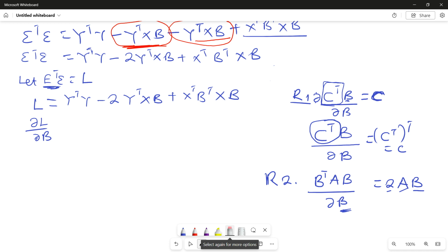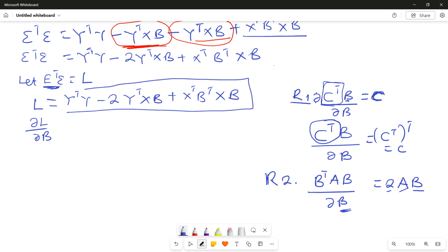So we're just going to use these two rules. Now let's check our function, if we can apply these two. First things first, remember with partial derivatives we differentiate those terms containing the particular variable that we want. For the first part there is no b, which means it is just like a constant.